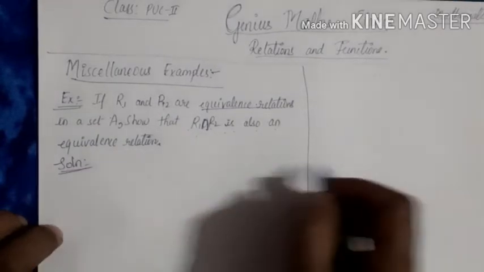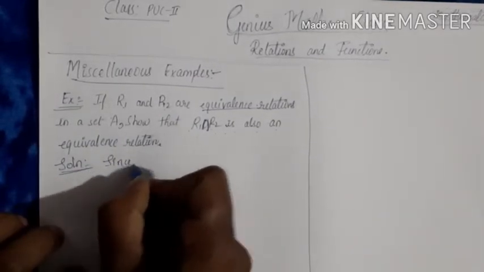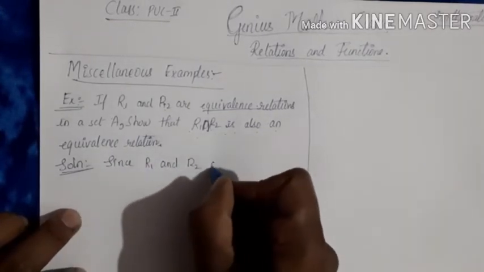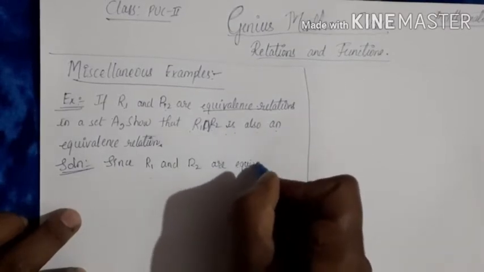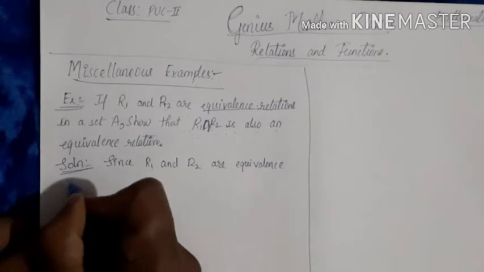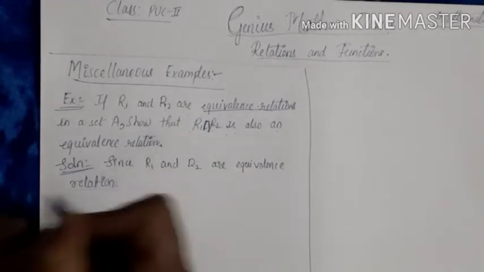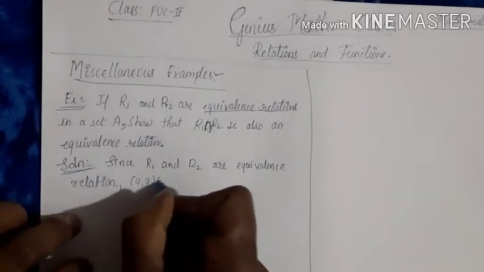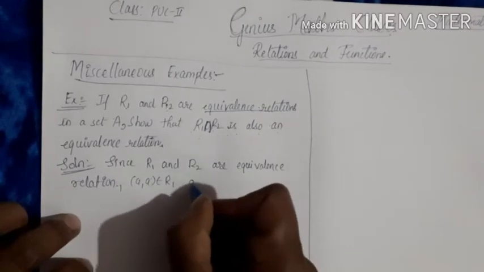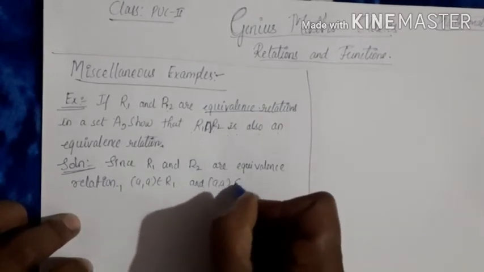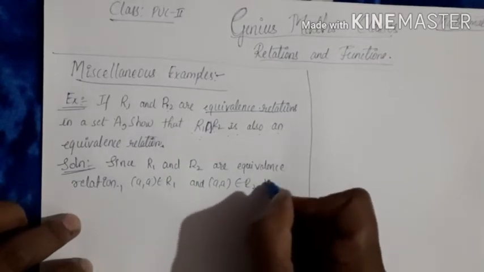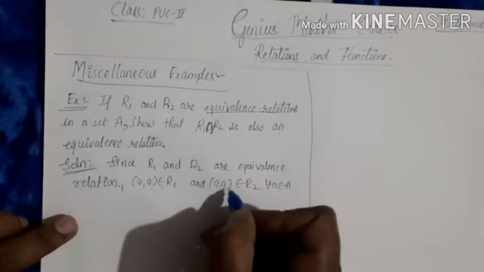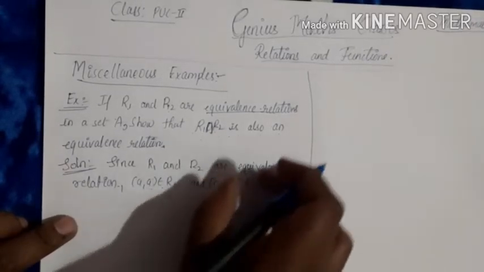Okay, so given, since R1 and R2 are equivalence relations, which is given. Okay, so (a, a) belongs to R1 and (a, a) belongs to R2 for all a belongs to A, because it is a reflexive property. (a, a) belongs to R1, (a, a) belongs to R2, because both are equivalence relations.